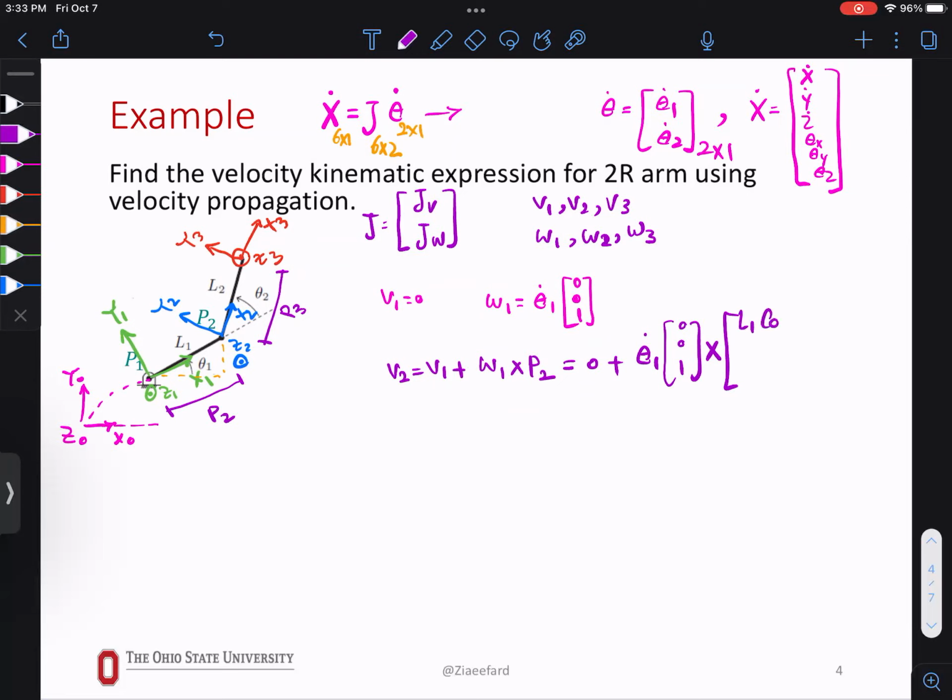L1 cosine theta 1, which I'm going to write as C1, and then L1 sine theta 1. And then 0 for z. So C1 is cosine theta 1, S1 is sine theta 1, just shorthand.